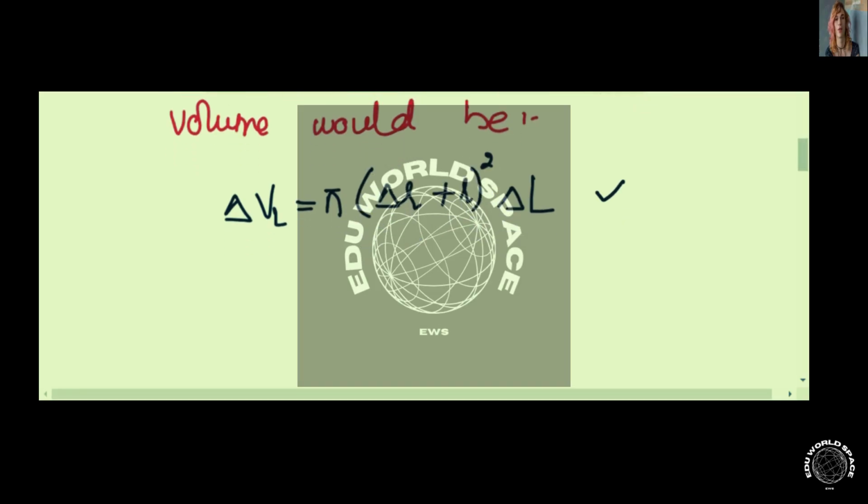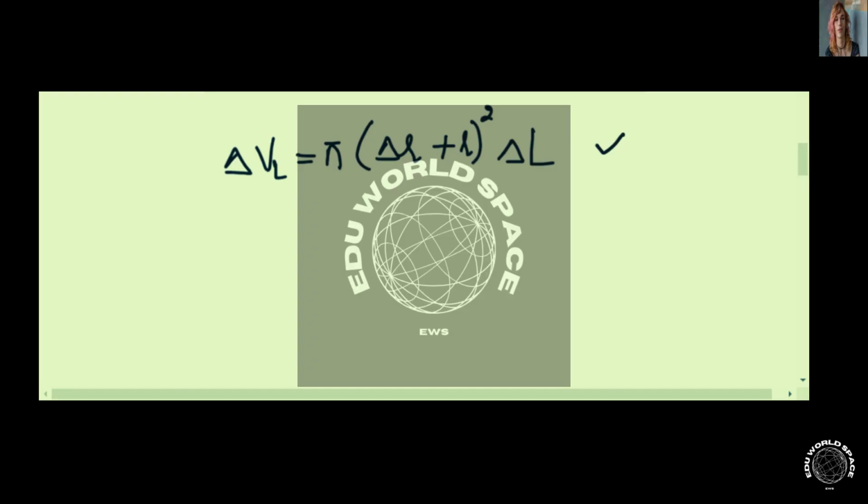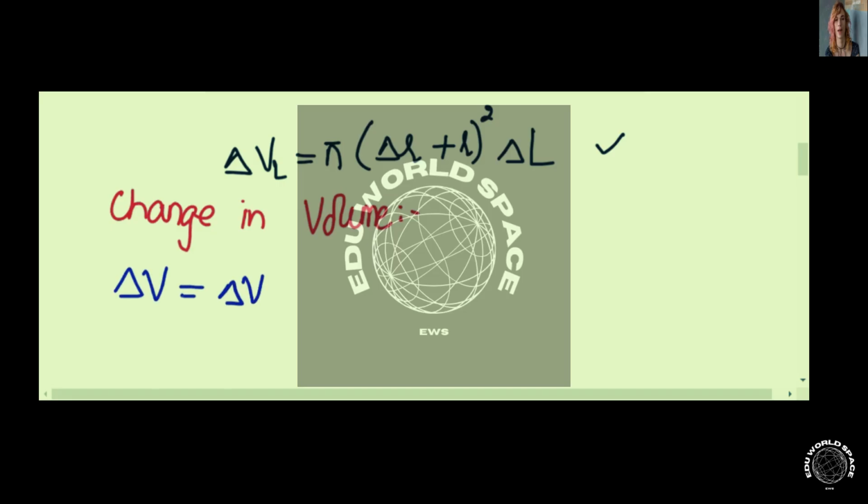So the complete change in the volume of the cylinder would be del V, that is equal to change in volume due to radius plus change in volume due to length.